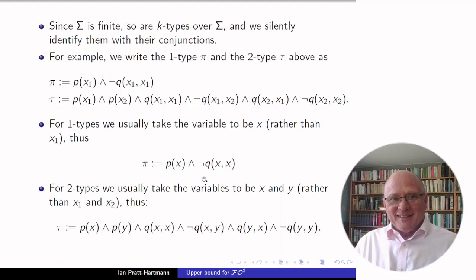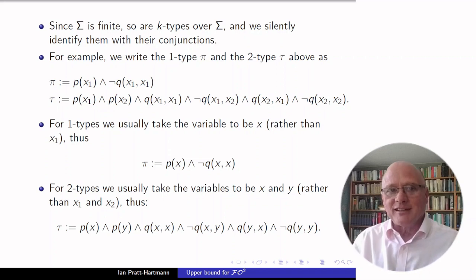Since the signature is finite, so are k-types. These are finite sets of literals, so we can silently identify k-types with their conjunctions.